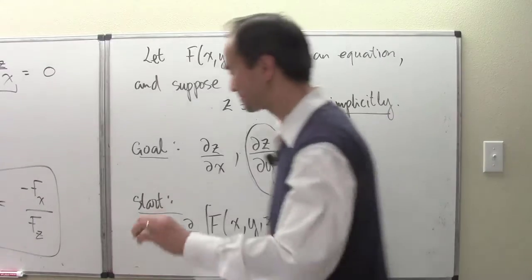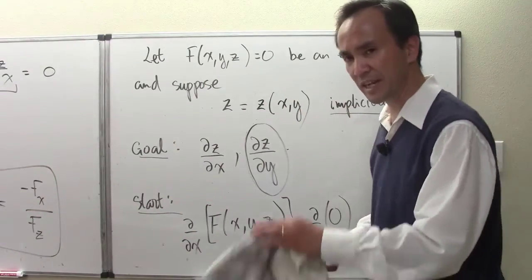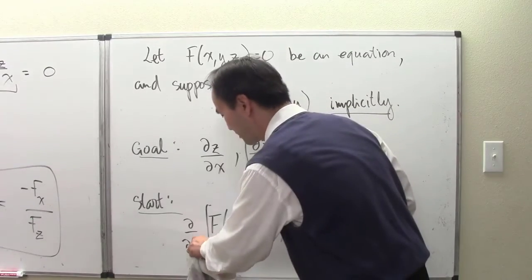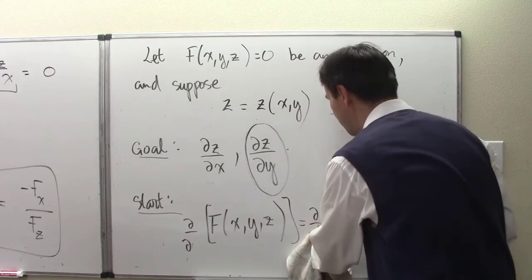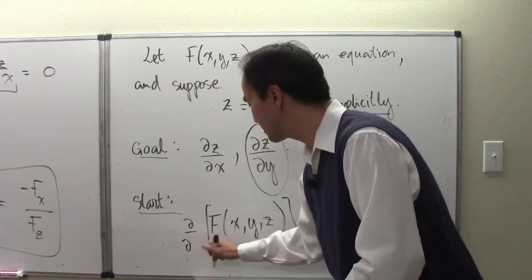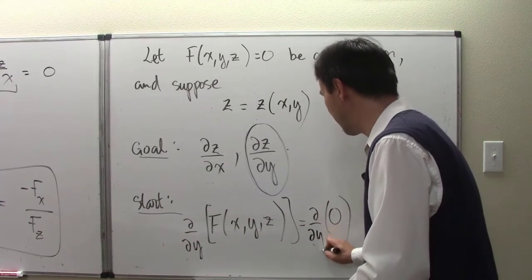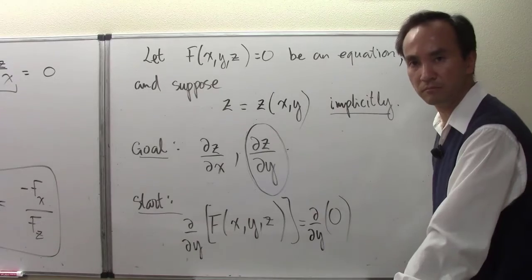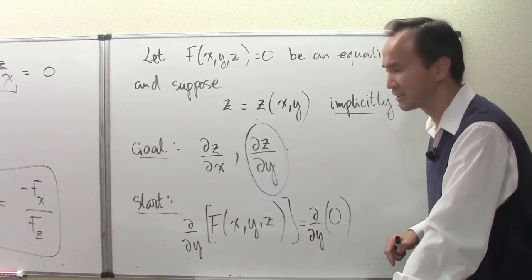So I don't need to really erase everything and rewrite everything from scratch. From that equation, I'm going to differentiate both sides with respect to y. That's simply it. Okay. So it's very similar to how I moved the earlier work.